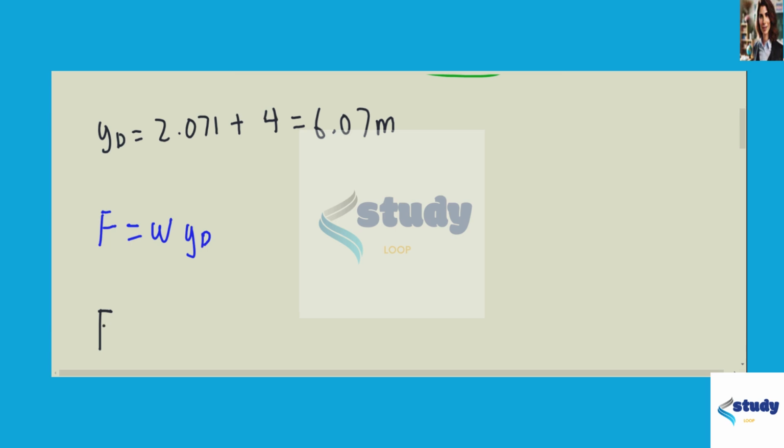So this force is equal to the mass per unit length times the acceleration due to gravity times the length y of D. And this will give us a force that's equal to 119.1 newtons.